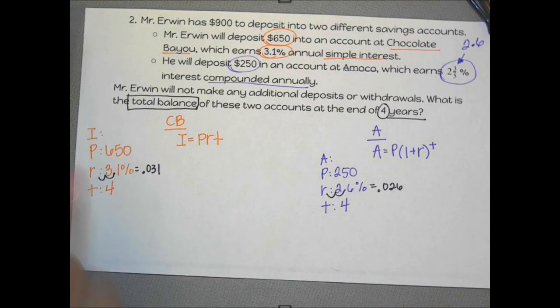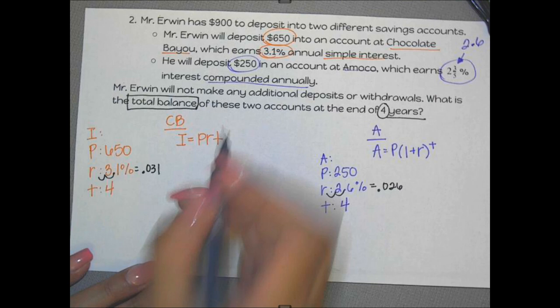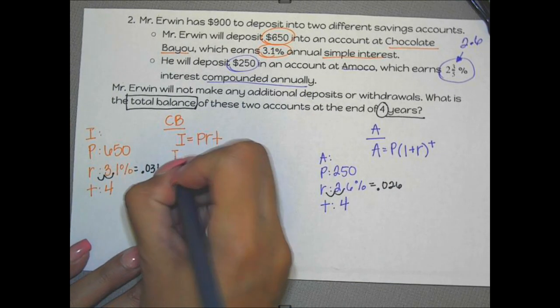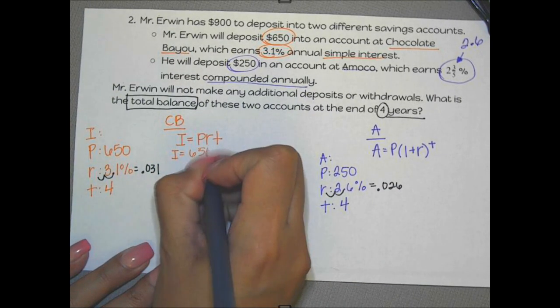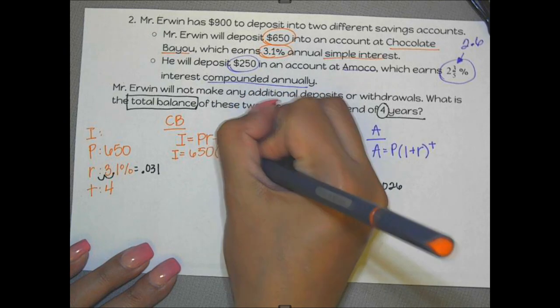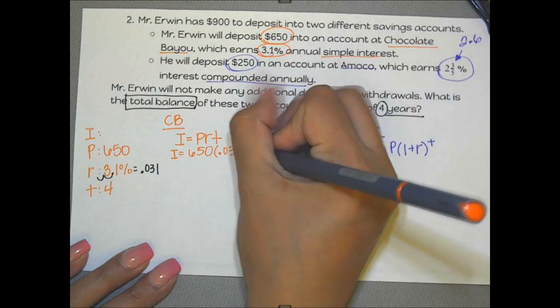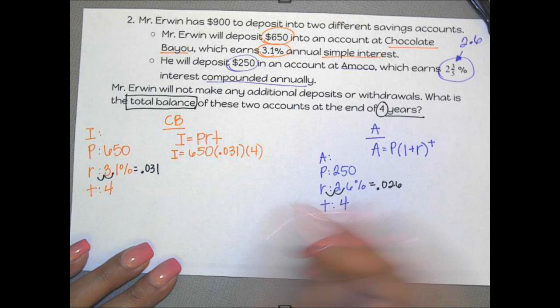So now that I have my information pulled out, I'm going to go ahead and plug into my formula. So I have I equals 650 times 0.031 times 4.